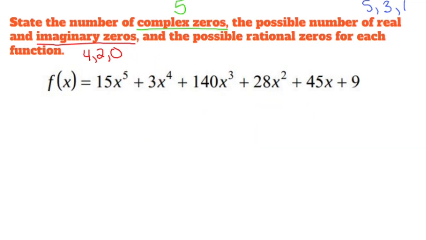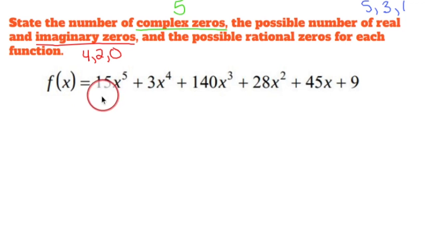The rational root theorem has me listing out every single possible root that is rational that I could have, and it is an absolute god-awful nightmare. But this is what we do. We already have this written in order.